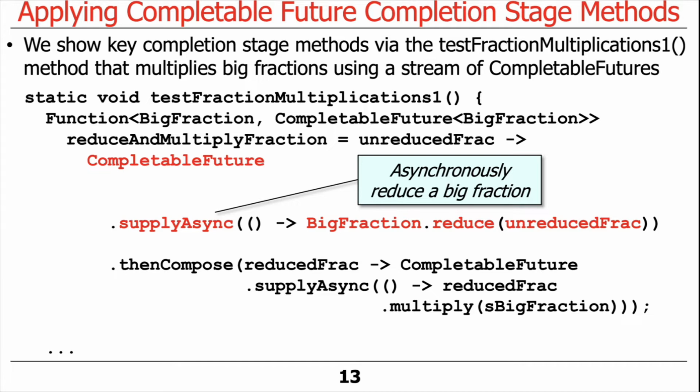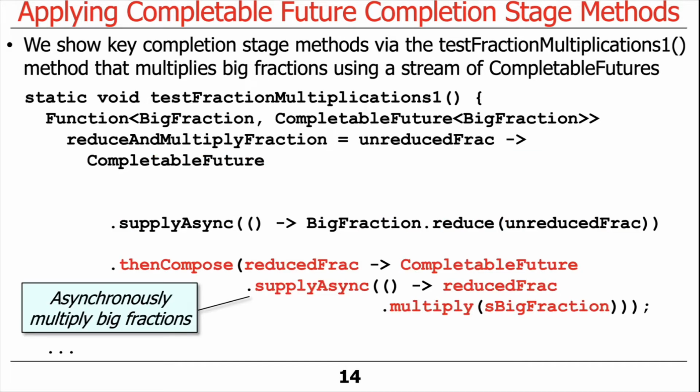It takes the unreducedFrac, which is the BigFraction passed to the function as a parameter, and calls reduce on that. It does that in a background thread because it passes that supplier lambda to supplyAsync. That will arrange to run that supplier lambda in some thread in the background in the common fork-join pool. And what will happen when that supplier lambda gets run is it'll go ahead and reduce the BigFraction. Okay, so far so good.